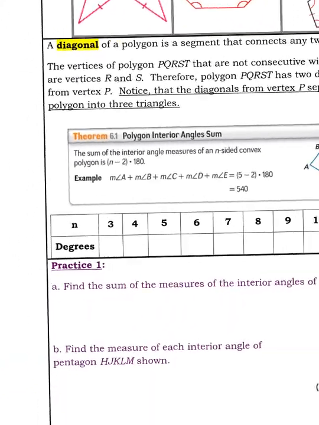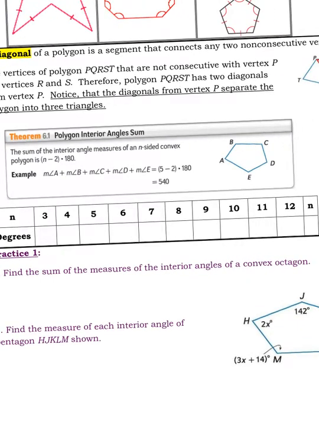Let's do some examples here. Basically I just have this table set up so that you can plug in any number of sides, at least up to a dodecagon, and we can figure out the sum of the interior angles. It's funny, the number keeps getting higher and higher, but the more sides you get, the closer and closer to a circle, and then if you get to a circle, it just goes to 360.